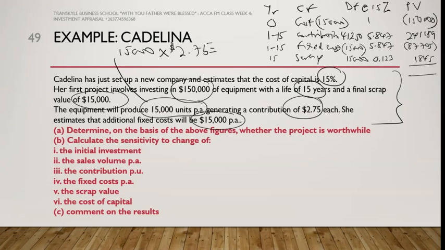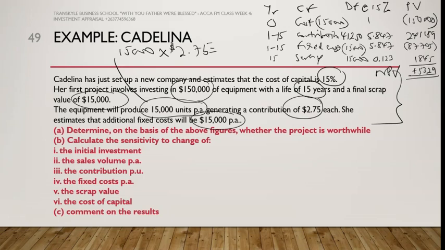Then we add up, we get our NPV. The NPV would be positive 5329. Obviously, using these figures, we can see that the project is worthwhile and should be accepted because the NPV is positive.